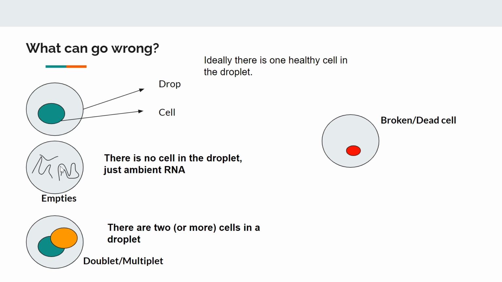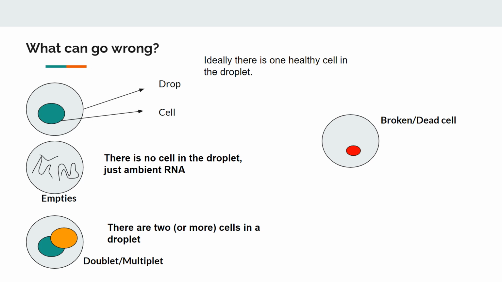So what is ambient RNA? When we do the dissociation, in the first step where we break the tissue into cells, sometimes the cell dies or the cell membrane breaks. The cytoplasmic RNA leaks out from the cell membrane and roams freely in the cell suspension.